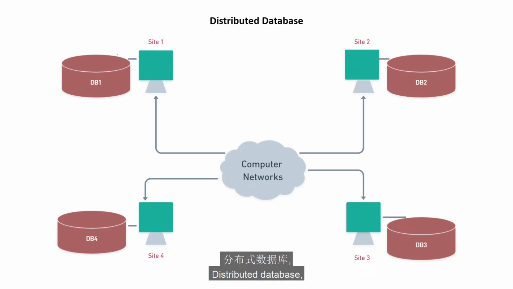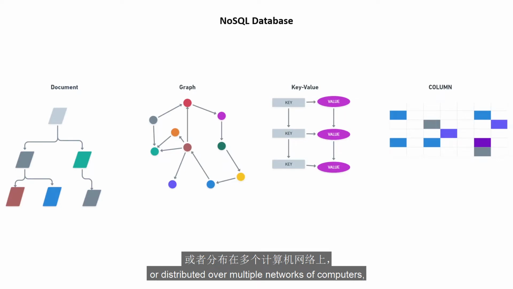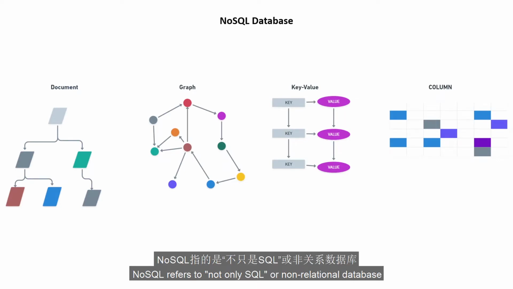Distributed database. The data is stored in multiple physical locations or distributed over multiple networks of computers. NoSQL database.